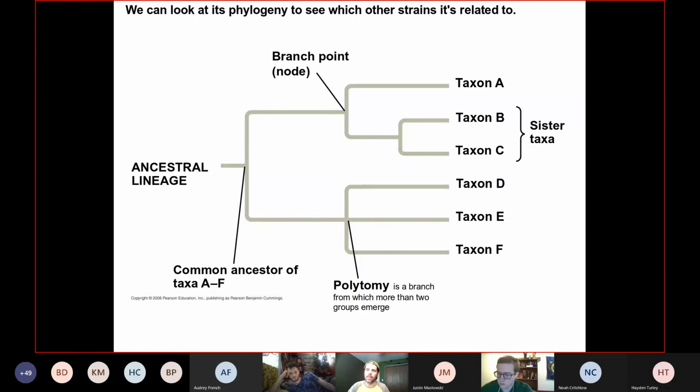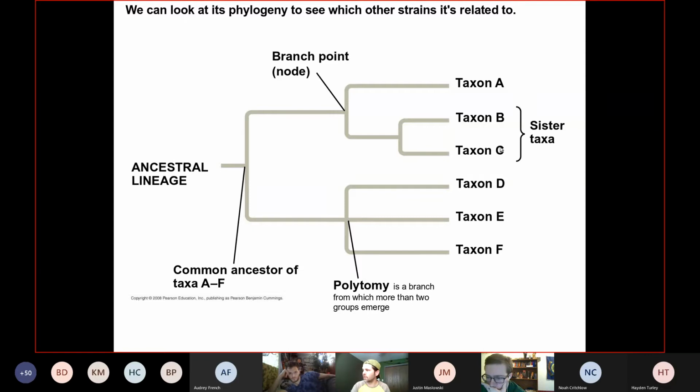Yeah. By definition, these do have to be bifurcating trees if they're to be quote unquote real. But oftentimes we don't have good information. We're missing some data. We know that these 3 are closely related to each other, but we don't know which 2 of them are more closely related to each other than the 3rd.